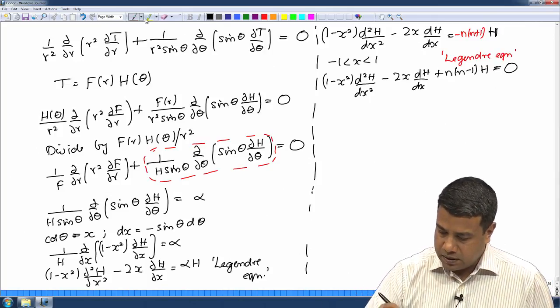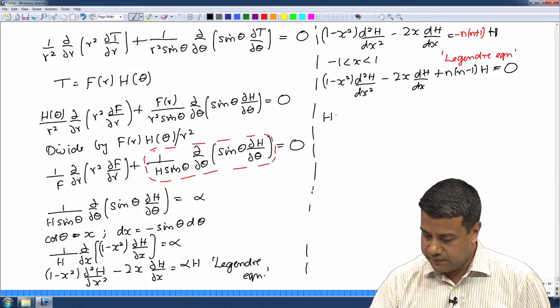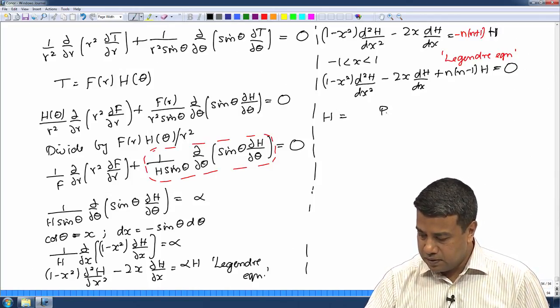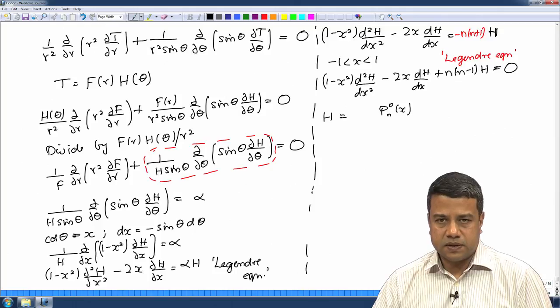And the solutions for these are what are called Legendre polynomials, Pn 0 of x. These are called Legendre polynomials.